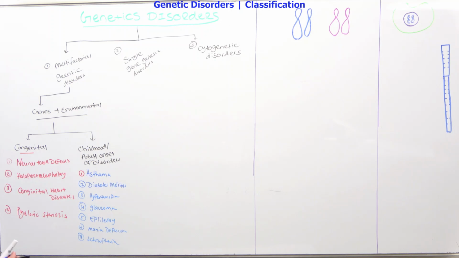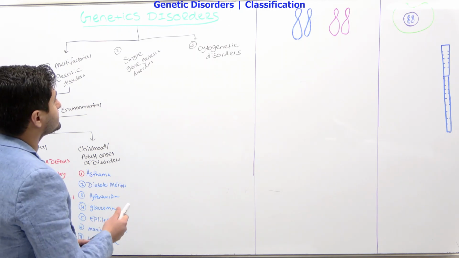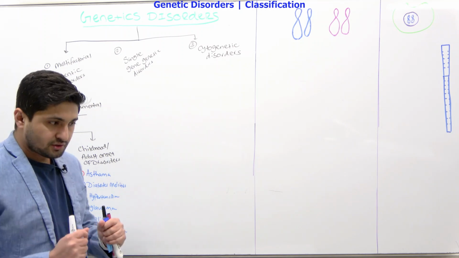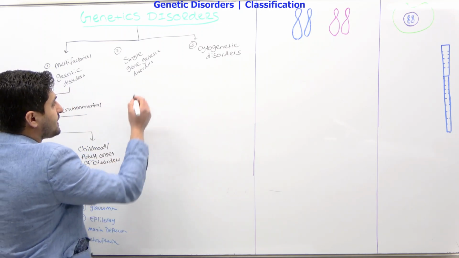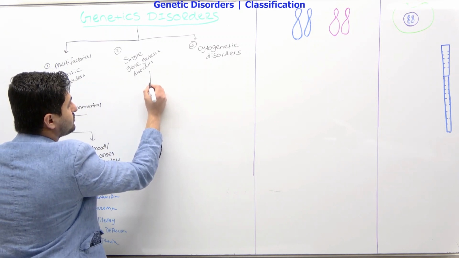Now, after this, we also have to talk about another classification under the heading of single gene disorders, right? When it comes to single gene disorders, you have to remember that we classify them into two broad categories.